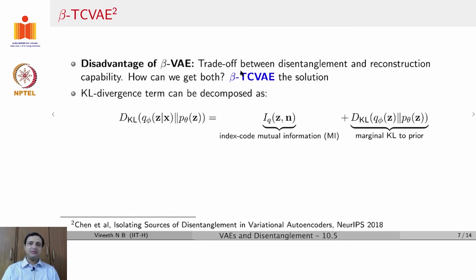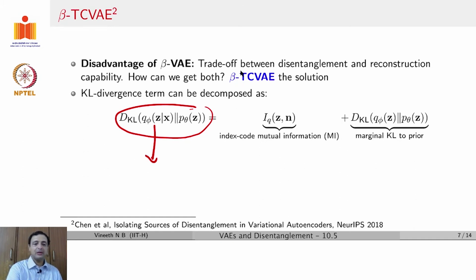So the Beta-TCVAE looks at the KL divergence term between the approximate posterior and prior and then decomposes it into two parts. How is this decomposition done? This decomposition is done by looking at this term here, the approximate posterior, q phi of z given x.